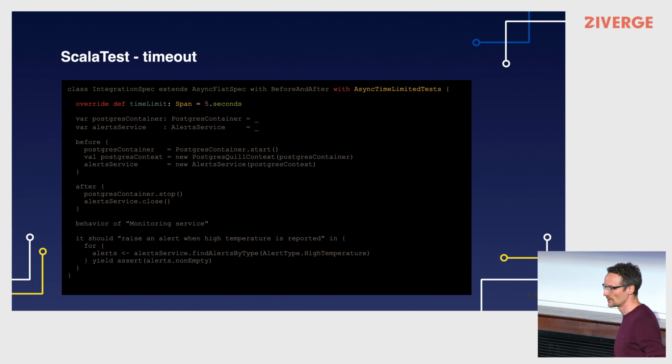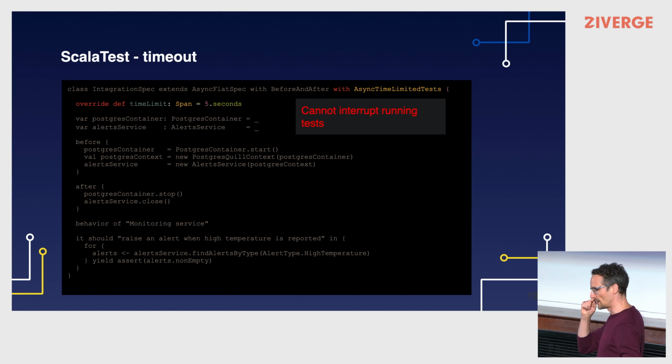We need to mix in a trait for this and define a time limit. The problem is that ScalaTest cannot really interrupt our test. All it can do is tell us at the end that it took more time than we wanted, but it cannot interrupt it.